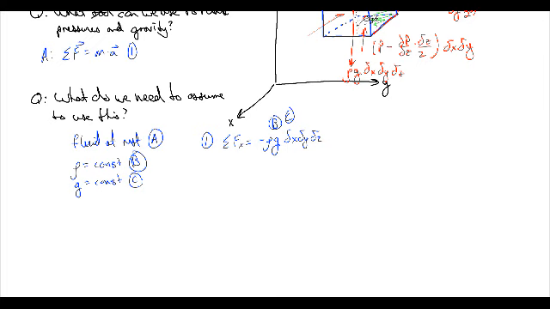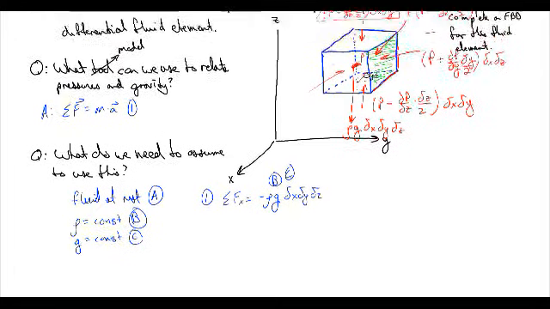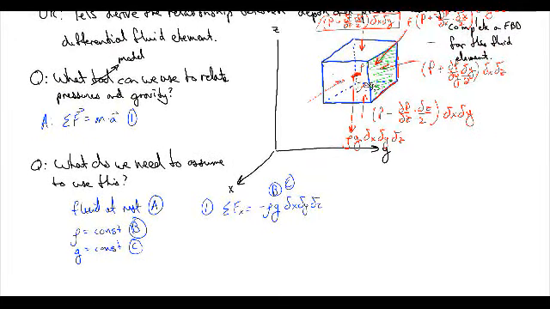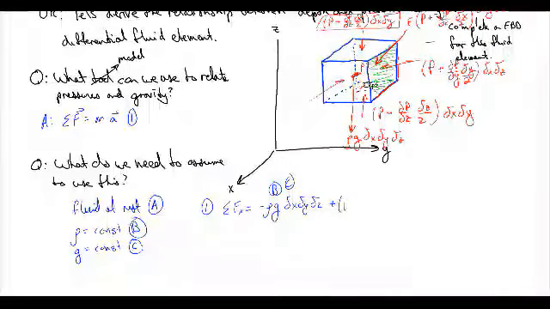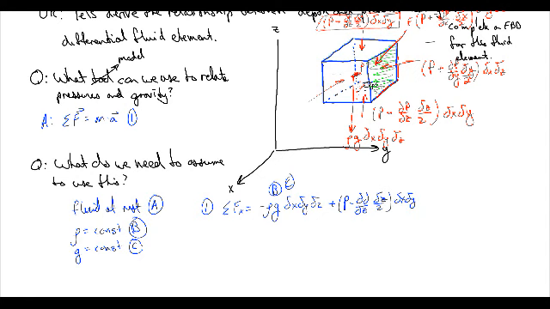So great. Now we've got to add our pressure forces. Our pressure forces here, we have one on the bottom acting in the positive direction, so we're going to have plus P minus dP/dz times delta z over 2 times delta x delta y. And then we have one acting on the top face going down, so we subtract that, minus P plus dP/dz times delta z over 2 times delta x delta y.